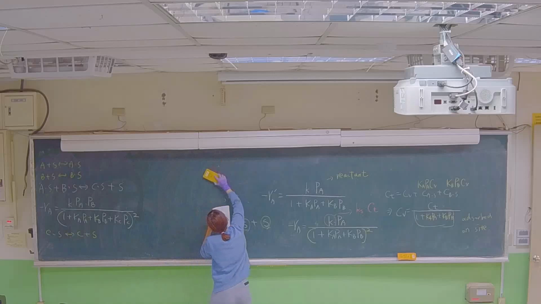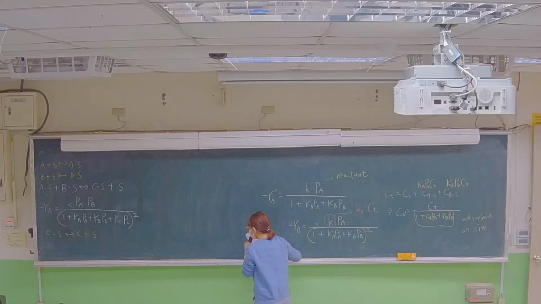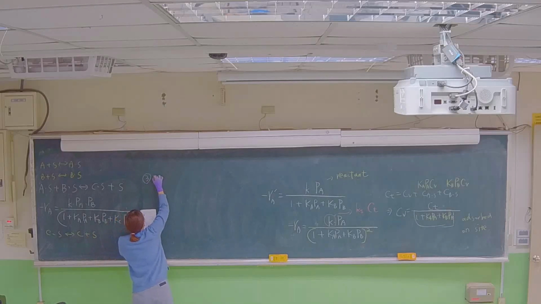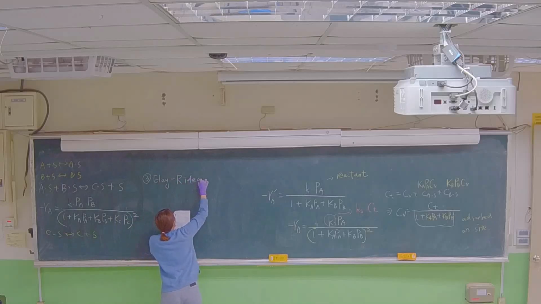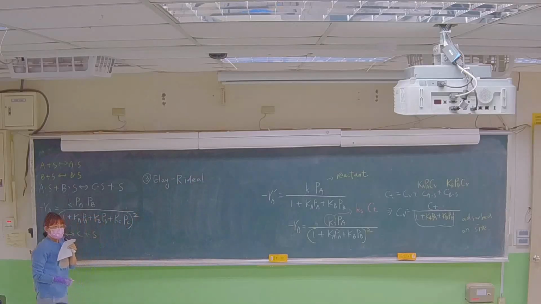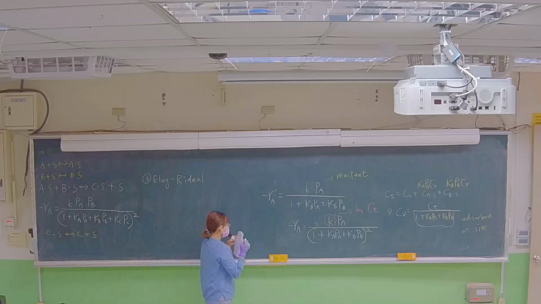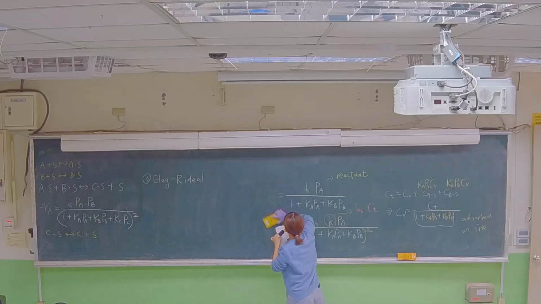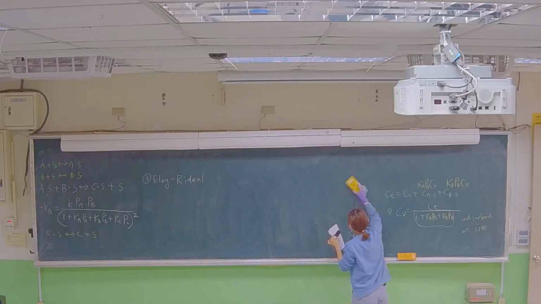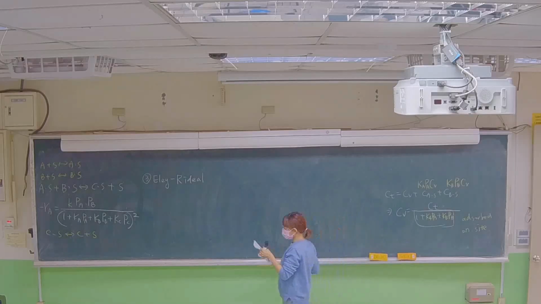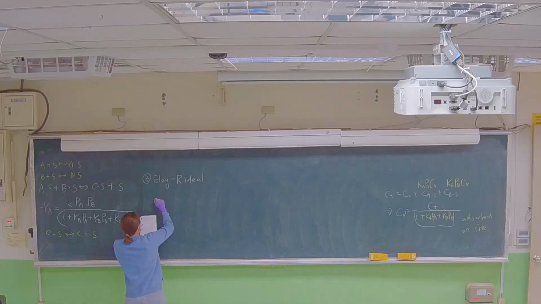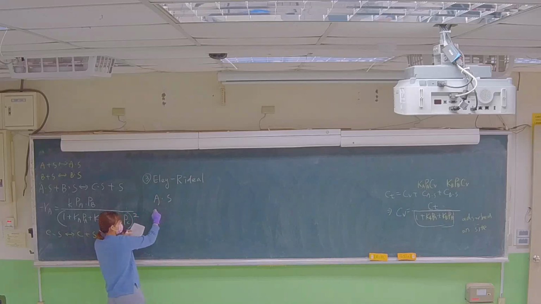For the surface reaction, we have three types, right? The last type is this one. You will also see this one in the final exam. So in this part, one reactant is adsorbed on the site.